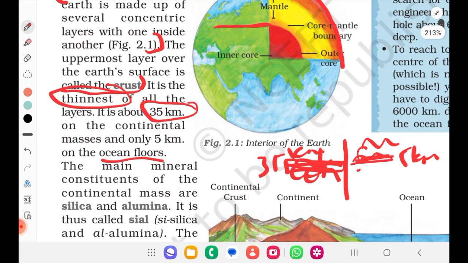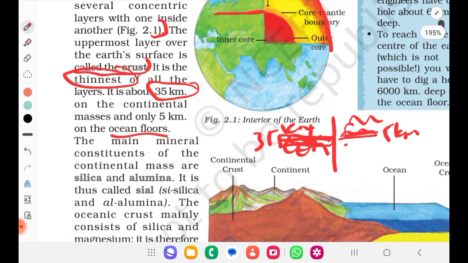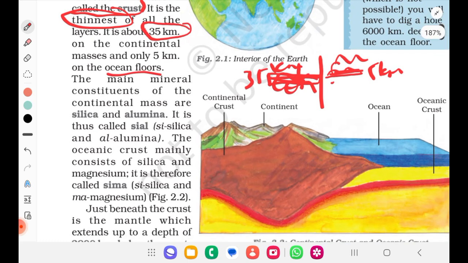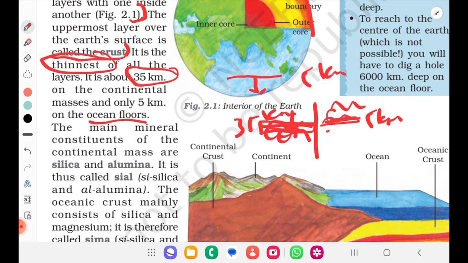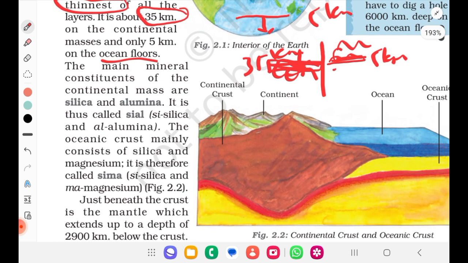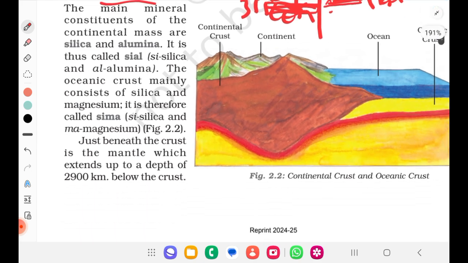This continental crust is 35 kilometers and it is made up of Sial, in the sense silica and alumina. The oceanic crust mainly consists of silica and magnesium. It is therefore called Sima. If you compare this with the oceanic crust, it has a thickness of 5 kilometers and it is made up of Sima, which means silica and magnesium.